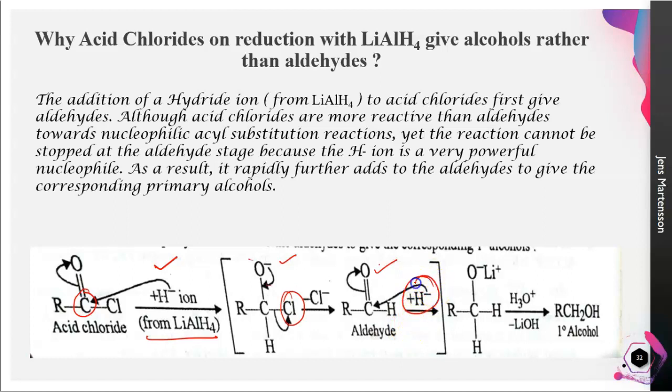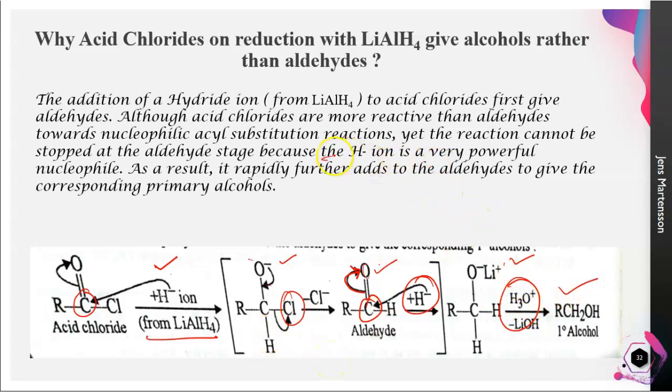Now another hydride ion from your LiAlH4 is going to react with this particular carbon again, which is electrophilic, when the electrons shift from the pi bond to this oxygen atom. This will result in the formation of this particular product, which upon hydrolysis is going to give you your primary alcohol.